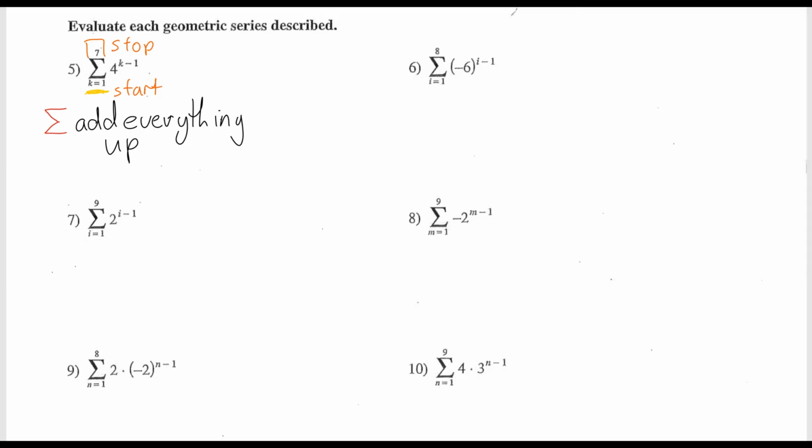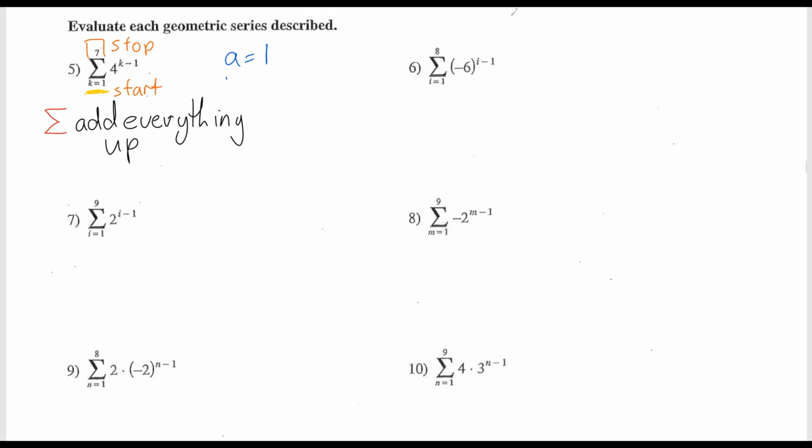We use our K notation to find the first number in the sequence. So we're looking for A to chuck into our formula, and it's 4 to the 1 take 1, which is 4 to the 0, or 1.